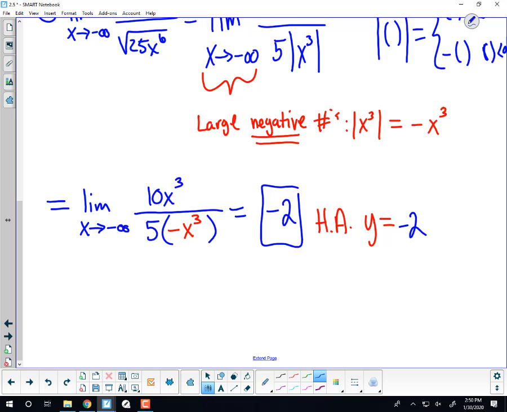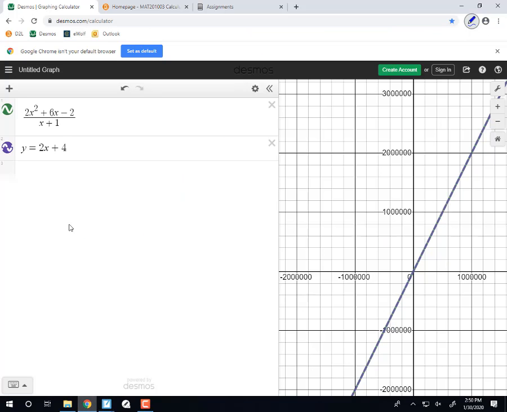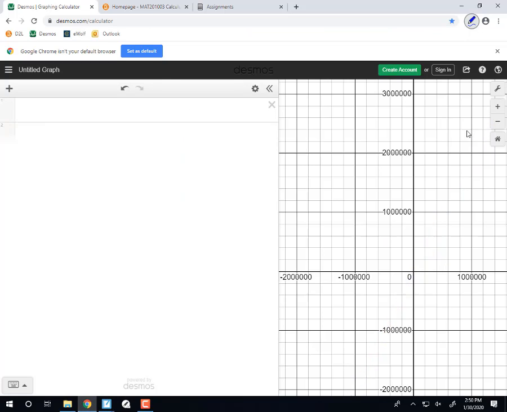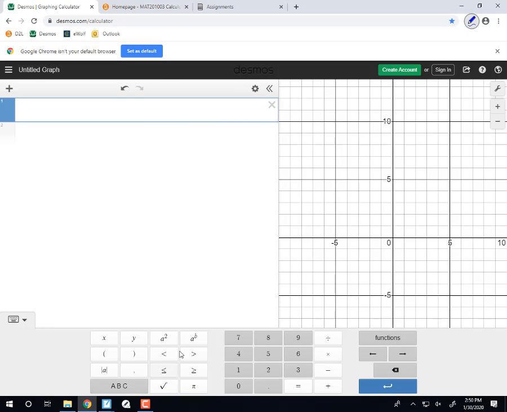So it is entirely possible, as evidenced by this example. And we'll graph this just so we're certain.